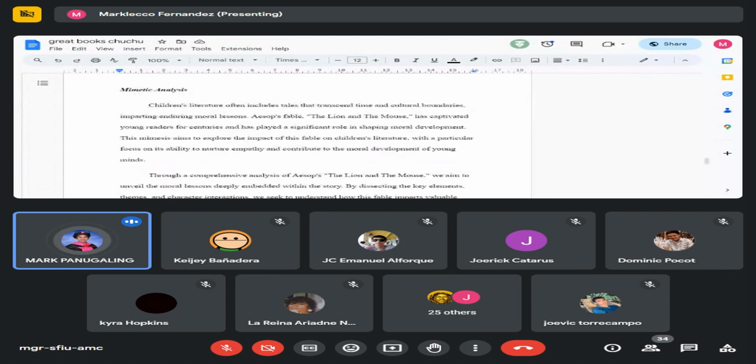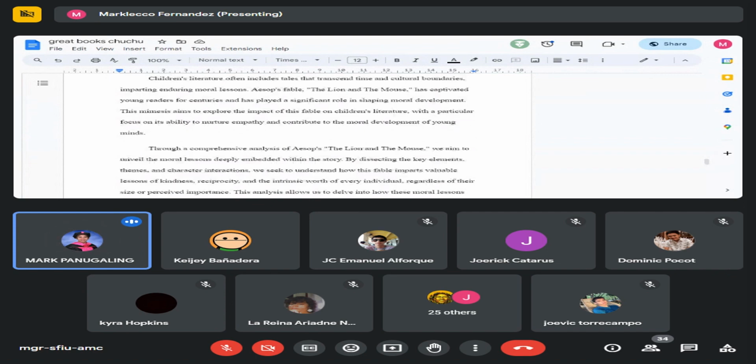A mimetic analysis. Above is a mimetic analysis, but before this, again, maybe you can say children's literature often, okay, no problem. And then below, maybe somewhere after the first paragraph or the second paragraph, you put your table, wherever is most strategic. But the table must not be cut. It means the table must be put on one page.